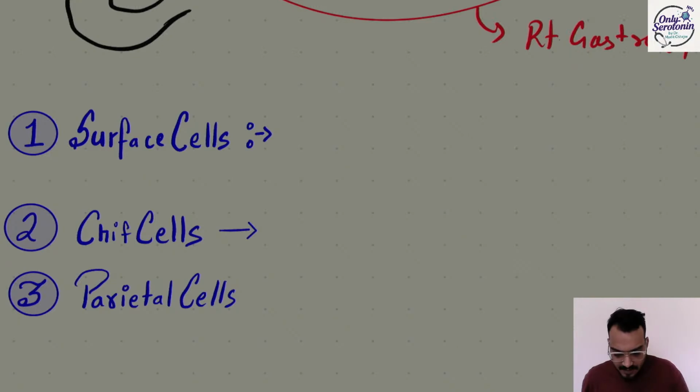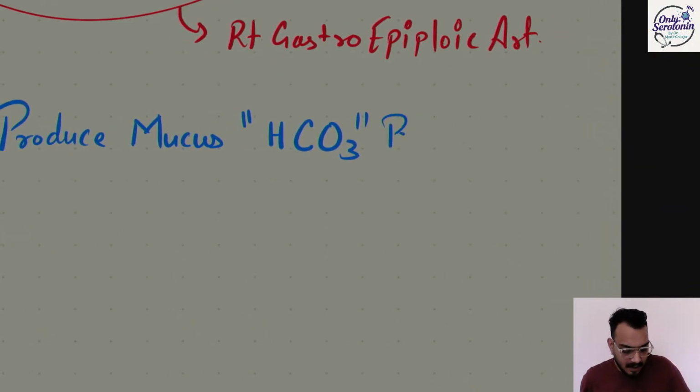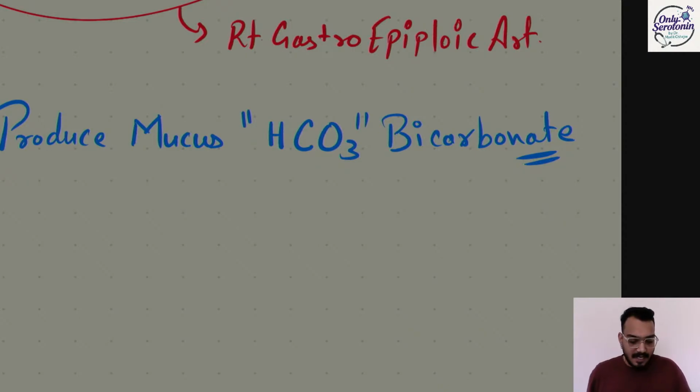What should you know about surface cells, guys? These surface cells are going to produce mucus, and this mucus is very rich in bicarbonate, HCO3. All of us know that this bicarbonate is very basic in nature, or you can say alkaline in nature.